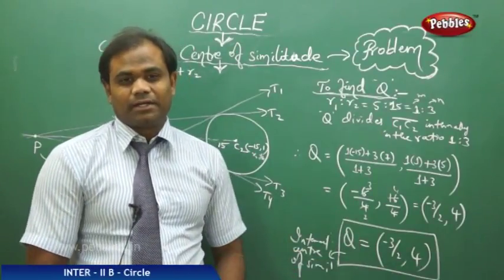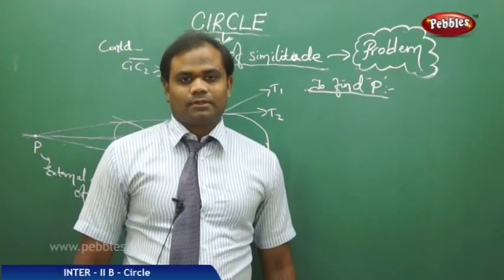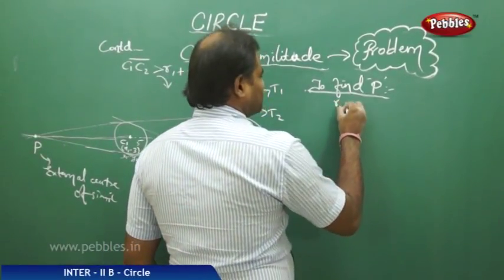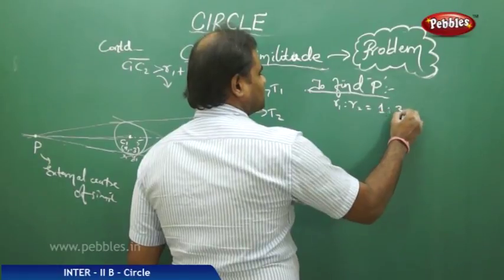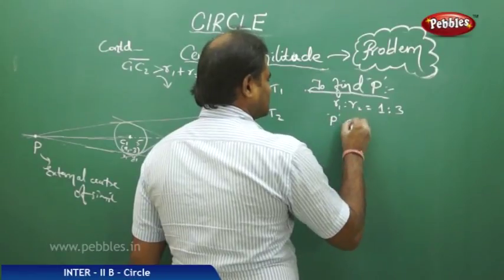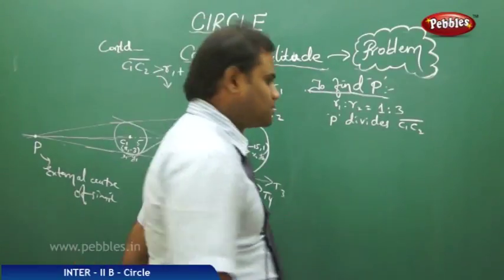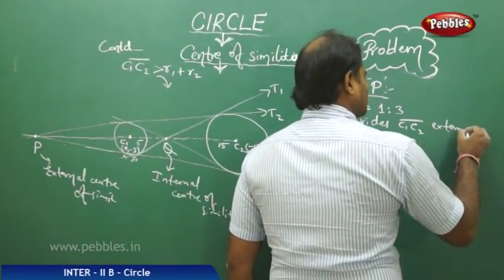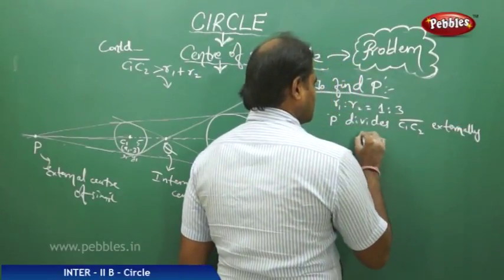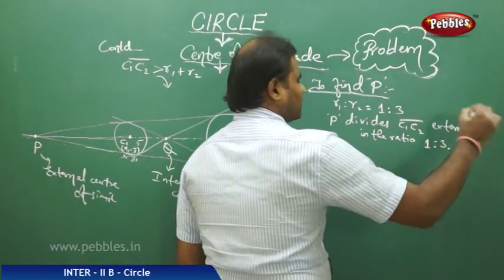Now next comes finding the external center of similitude, that is point P. I take the same ratio R1 is to R2, which is 1 is to 3, and P divides the distance between centers C1 and C2 externally in the ratio 1:3.